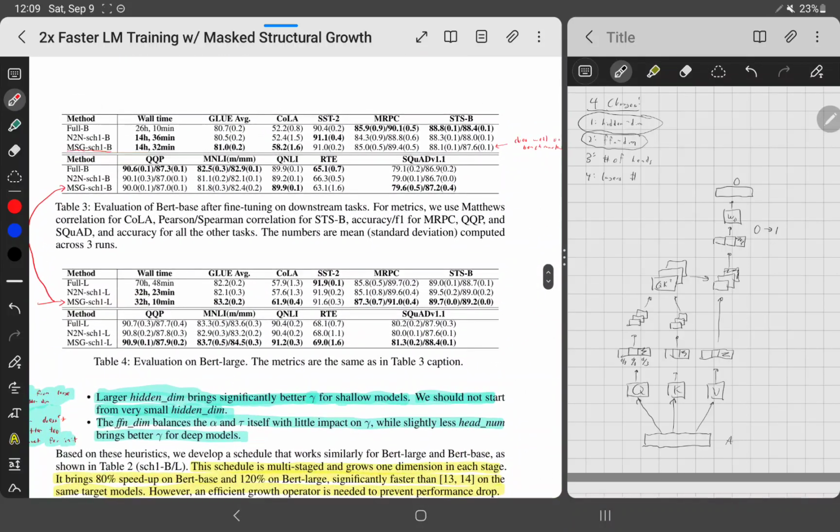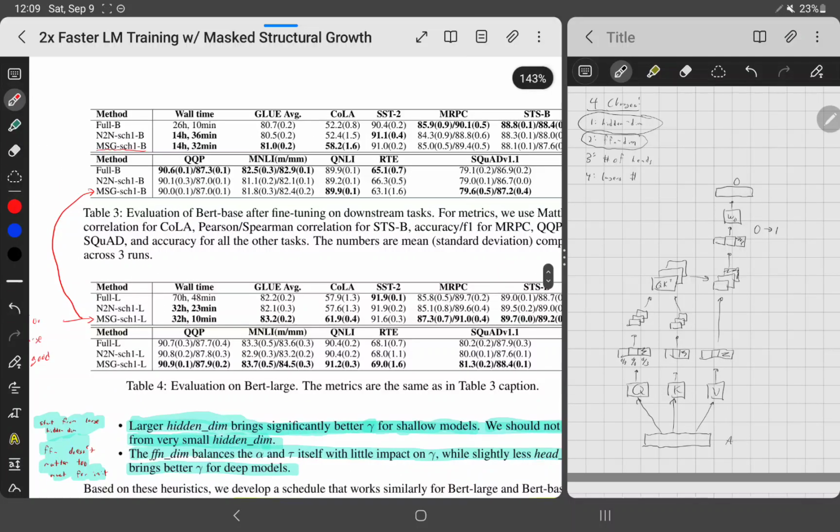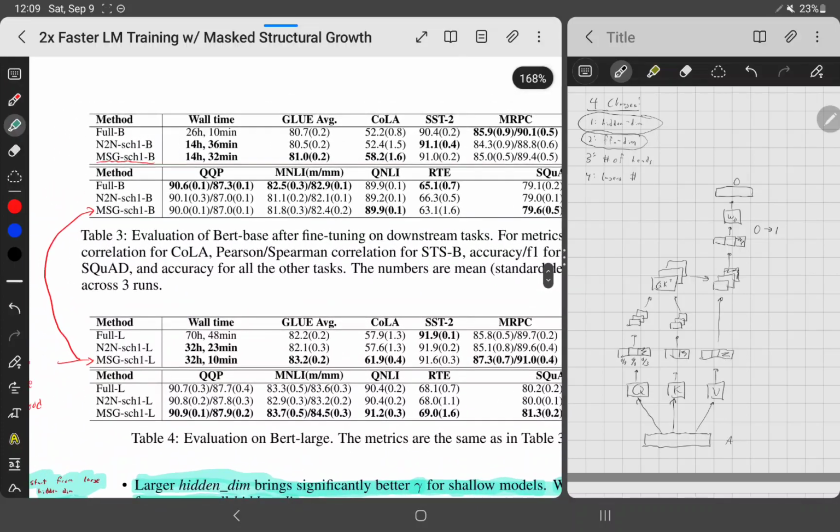So if we go here, we can see some of the results. Full BERT is kind of the baseline. That's what they're trying to beat. And the goal is to beat the wall time, but get equal or better accuracy on the benchmarks.